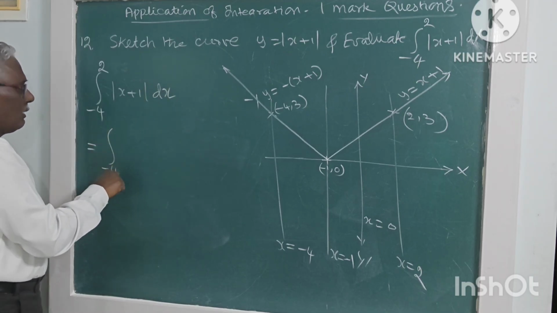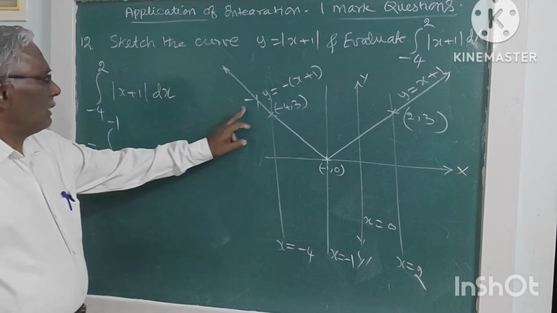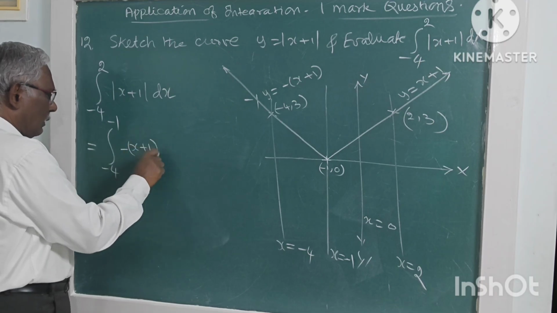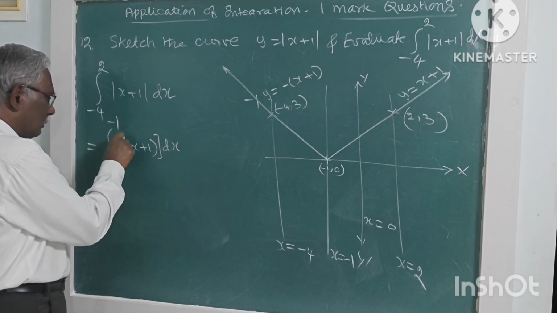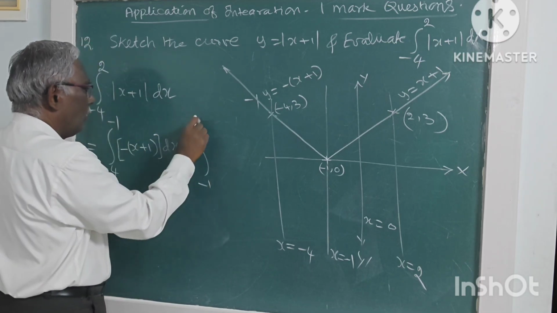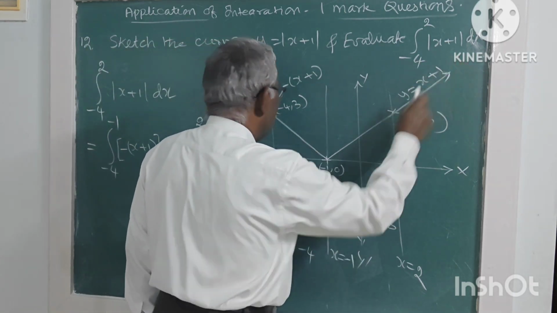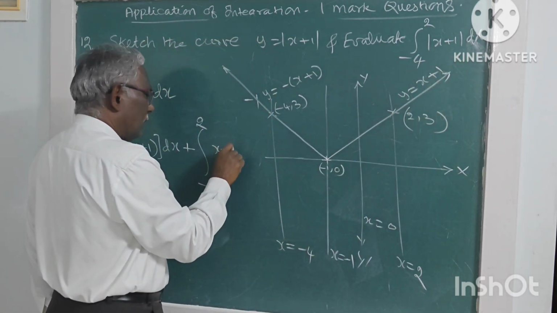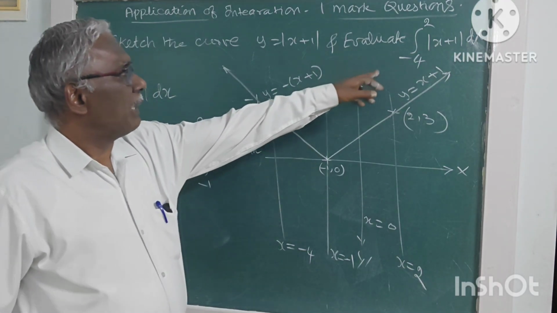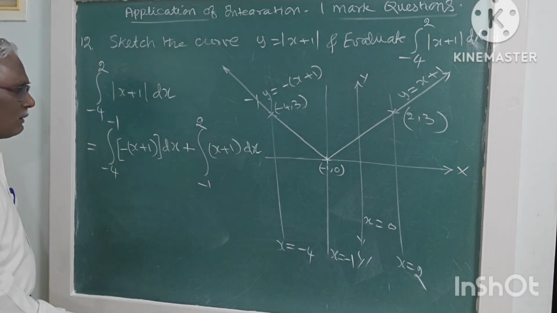You can write it as the integral from minus 4 to minus 1 of minus of x plus 1 dx, plus the integral from minus 1 to 2 of x plus 1 dx. So you have to find the integral from minus 4 to 2 of modulus of x plus 1 dx.